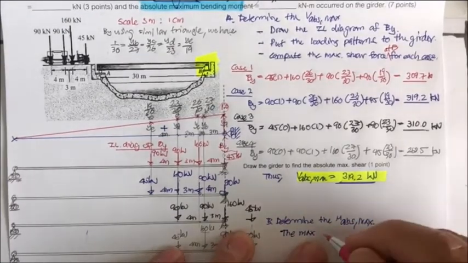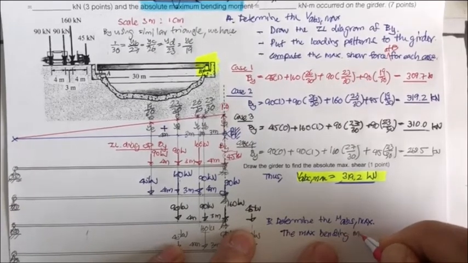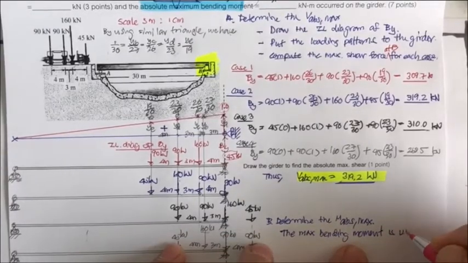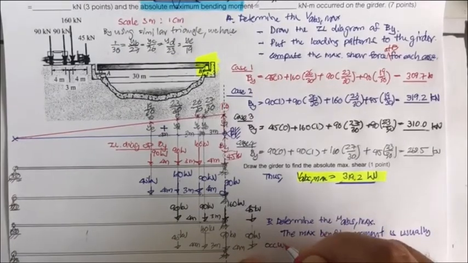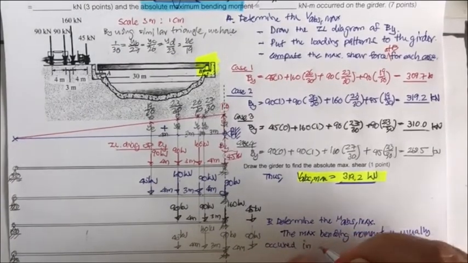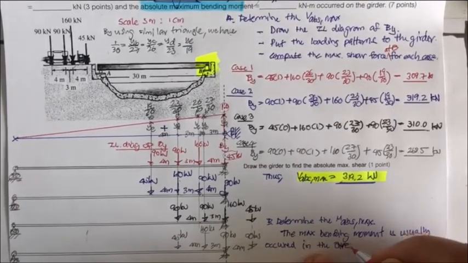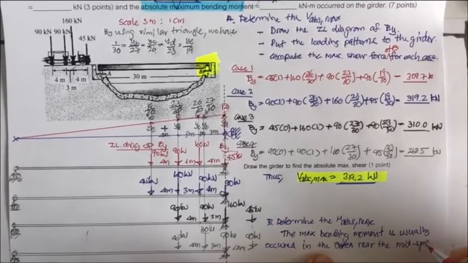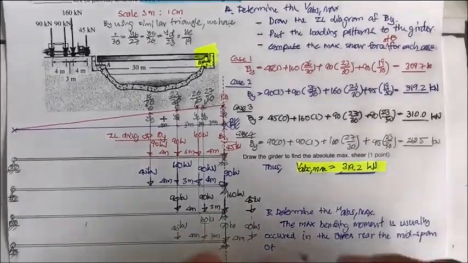Maximum bending moment usually occurs in the area near the midspan of the girder.